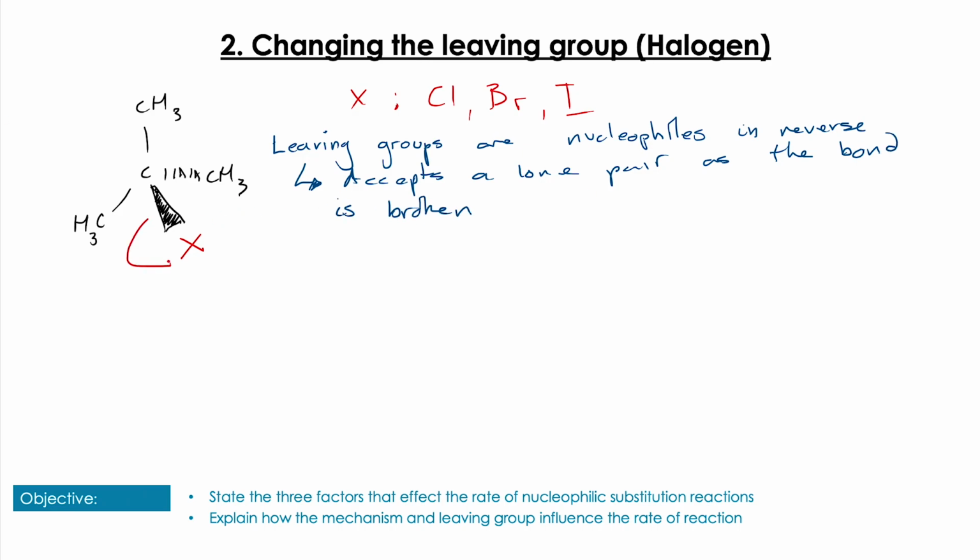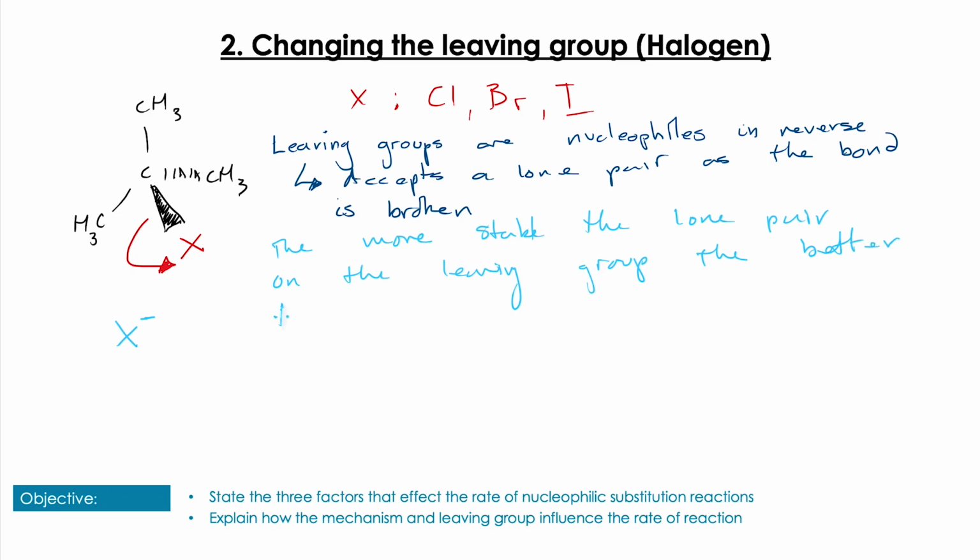So we have to have something that is going to form a stable negative charge with those electrons that it's removing. We can think of this kind of in terms of weak acids and bases. Good leaving groups tend to be good weak bases, because when we think about a weak base, we think about a protonated A-, if we like, and we think about the equilibrium and how much that lies to the right-hand side.